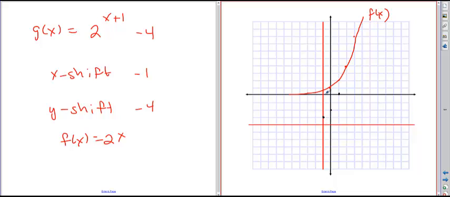And then 3, 1, 2, 3, and up 8. So we go here, 1, 2, 3, and up 8. So that's 4, 5, 6, 7, 8. And then we do the reciprocals as we go towards the x-axis. So now we can draw this like that, and that would be g of x, the transformed function.